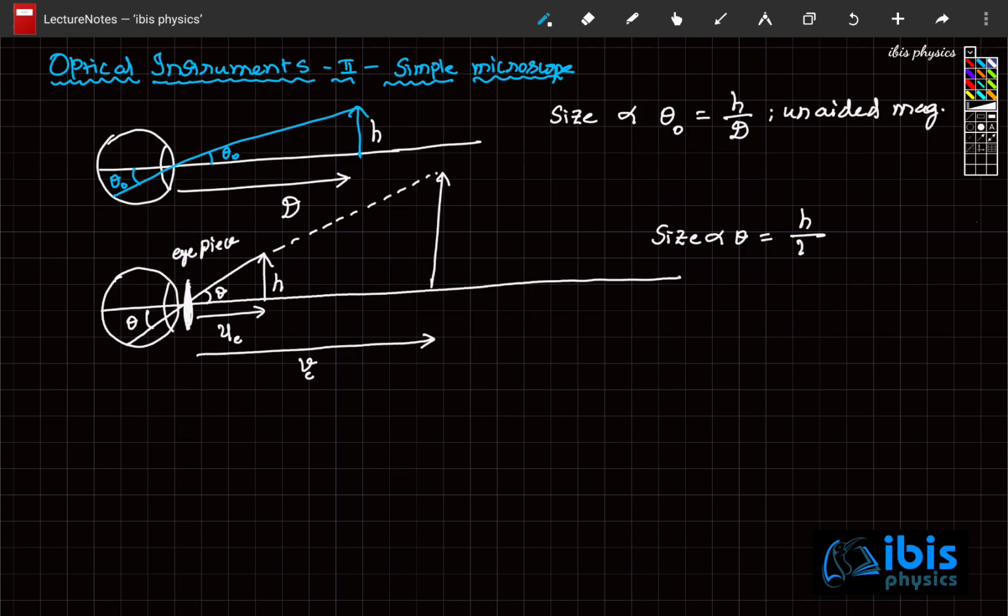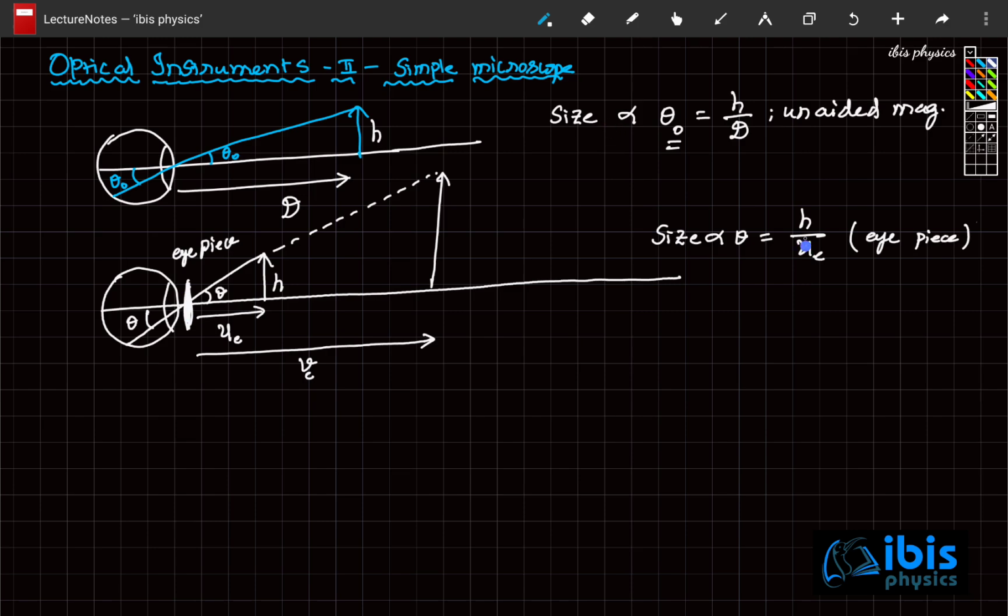This is with the help of one eyepiece. So with an eyepiece, what is the magnification produced compared to unaided? This by this.